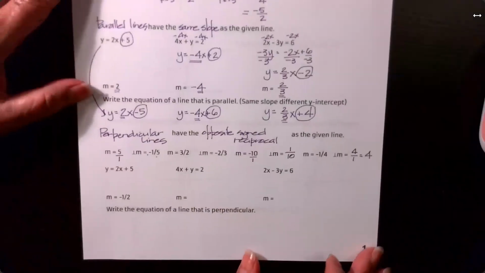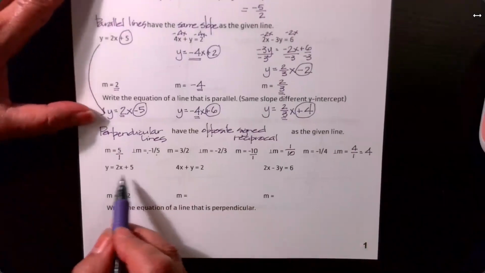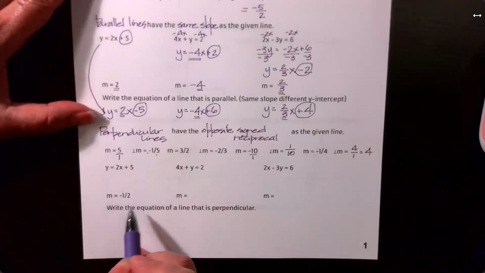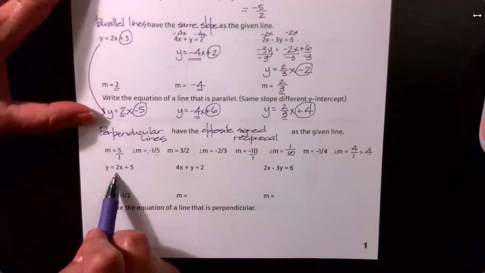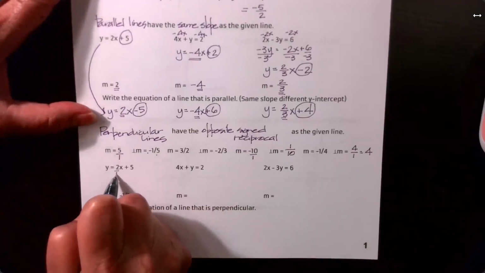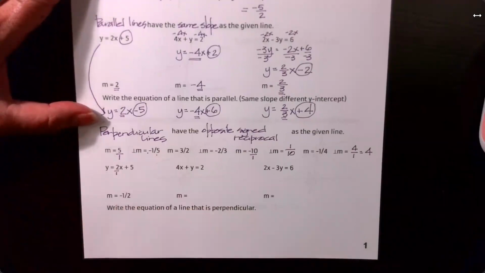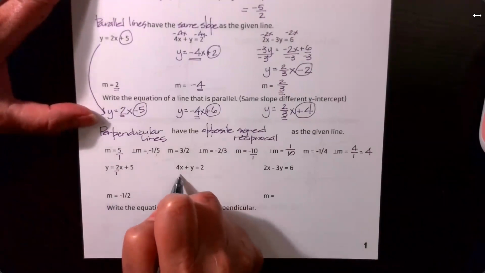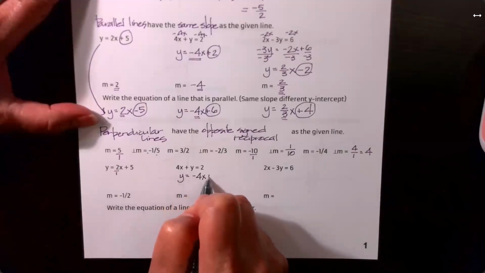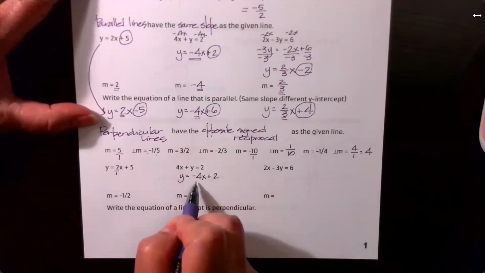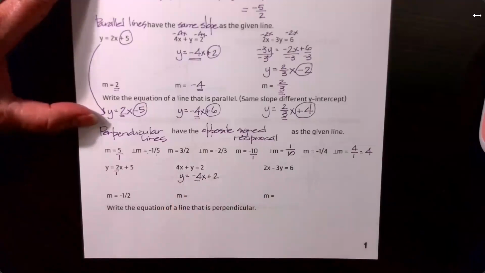So let's go through these lines and find the perpendicular slope, or the slope of the line that's perpendicular to it. This has a slope of 2. Again, if it makes sense, look at it as 2/1. We're going to take the reciprocal, which is 1/2, and the opposite sign. So this is negative 1/2. If I write this in slope-intercept form, notice my slope is negative 4.